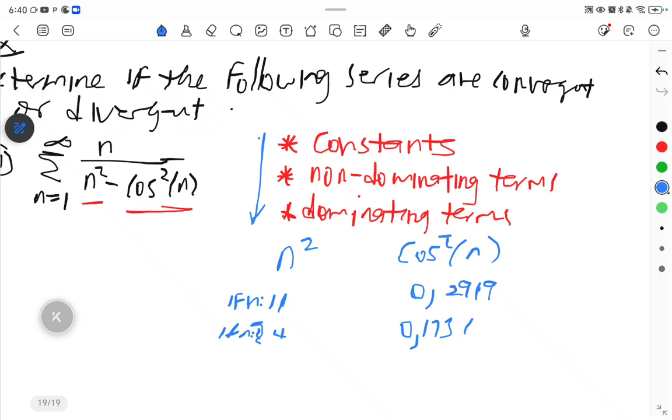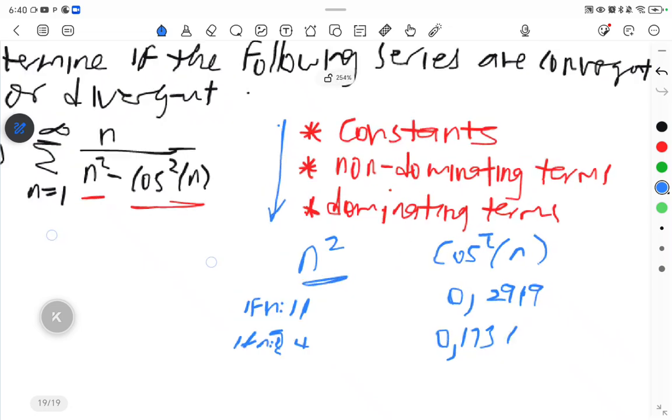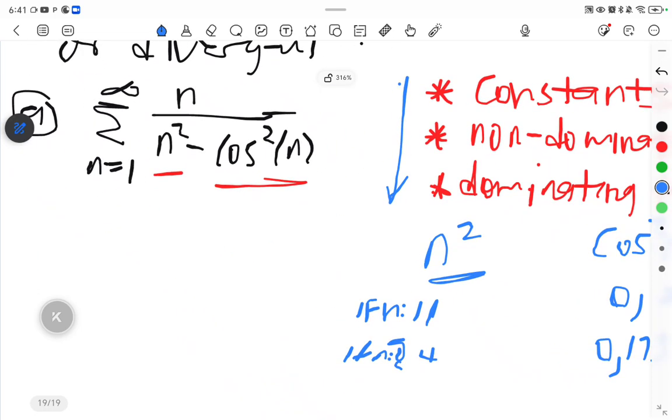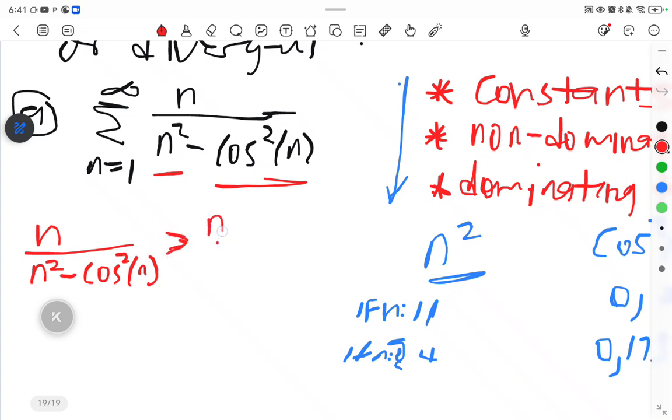It means that when I'm going to reduce this, I'm going to have n over n squared minus cos squared n. You see that this will be greater than n over n squared. I'll reduce the non-dominating, which is cos.